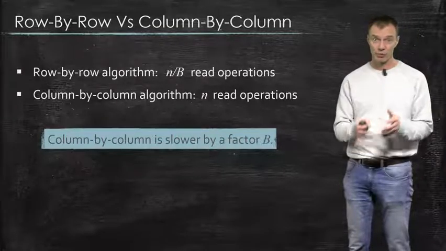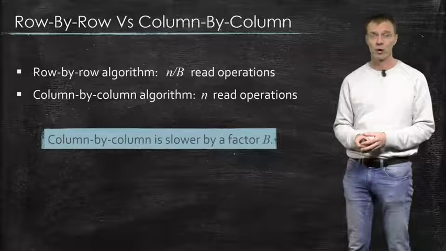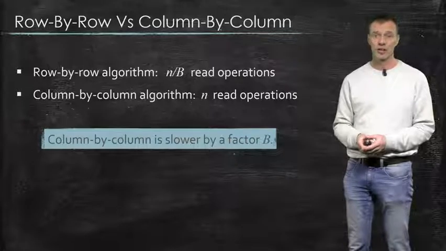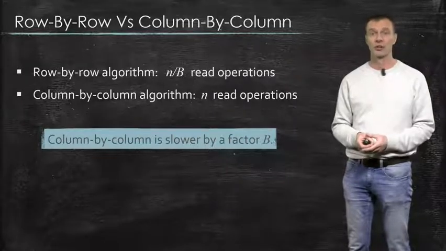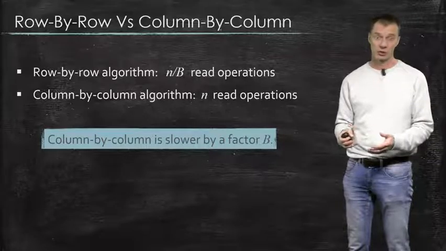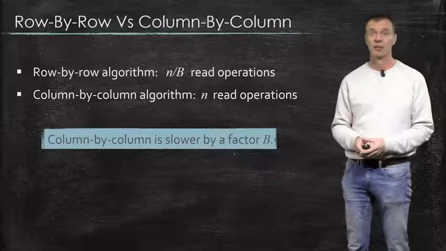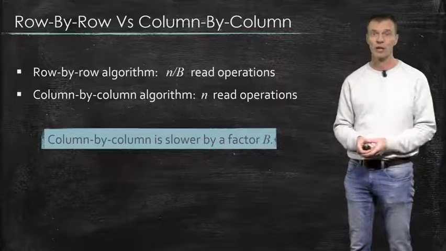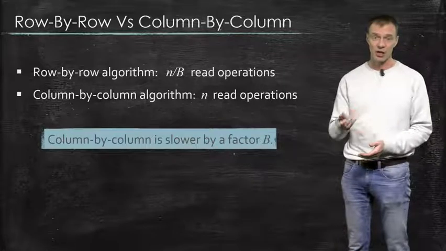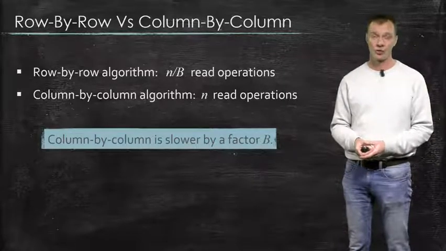So maybe the first algorithm, the row by row one, needs only a few seconds, but the second algorithm is going to take minutes, or if it's a really big matrix, then maybe the first one needs minutes and the second one really needs hours and hours.